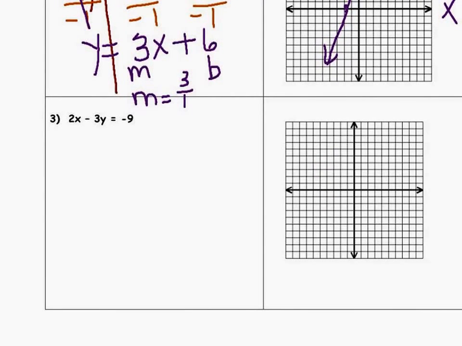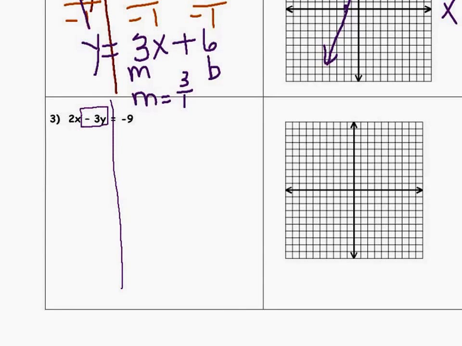So for our bottom example down here, once again, we want to solve this for y. So we're going to get the y by itself so that it's in y equals mx plus b form. First I'm going to notice that this is a negative 3y here, and what is being done to that is it's being added by 2x.